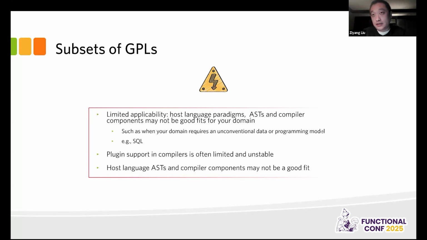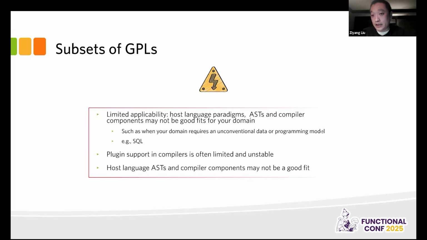I mean, there are some other compilers for some mainstream languages that just don't support plugins at all. So the Haskell compiler has one of the better supports among the compilers. But even for GHC, the support for plugins is often limited and unstable.